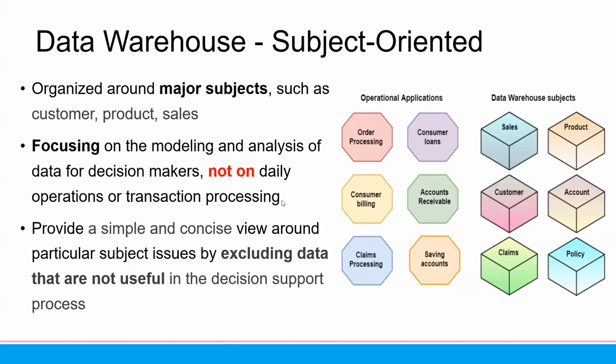First, subject-oriented. Why can we say the data warehouse is subject-oriented? Because it is organized around the major subjects. If your company is a sales company, then you may use major subjects like customer, product, and sales. But if your organization is a university, then it is a different subject.